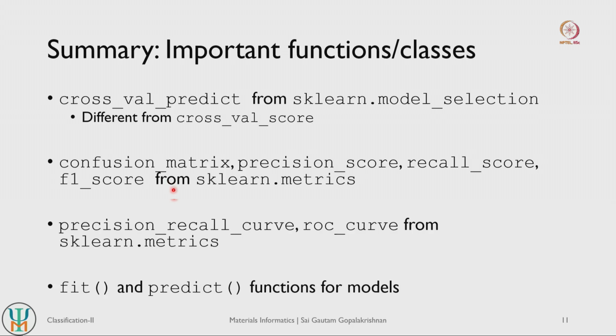We introduced new performance metrics: confusion matrix, precision, recall, F1 score, and also the precision recall curve and ROC curve. All of these are available in scikit-learn metrics. And for classification models also, for each model we use the same functions, fit and predict, as compared to regression.